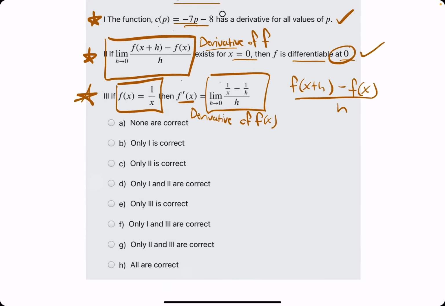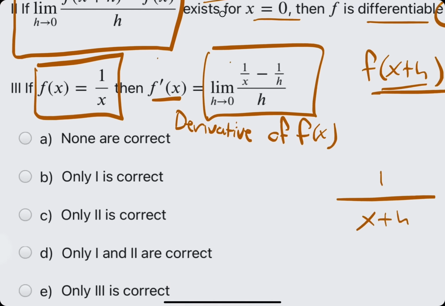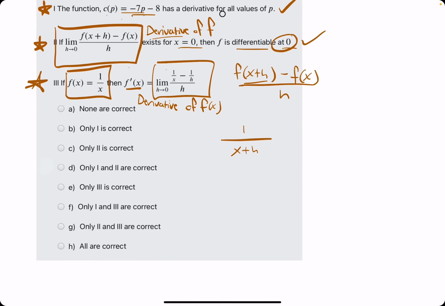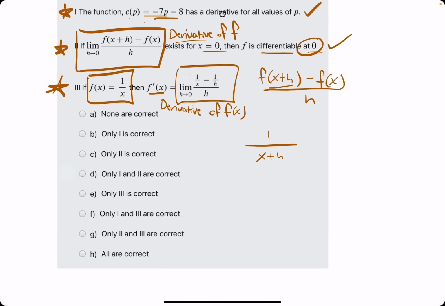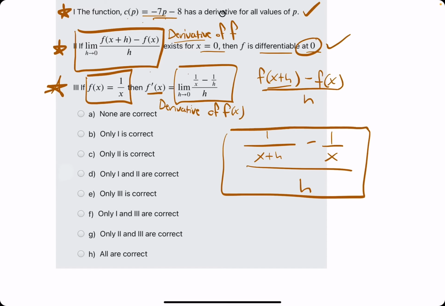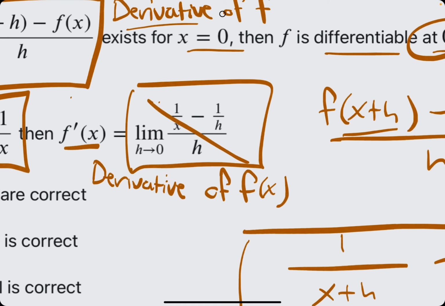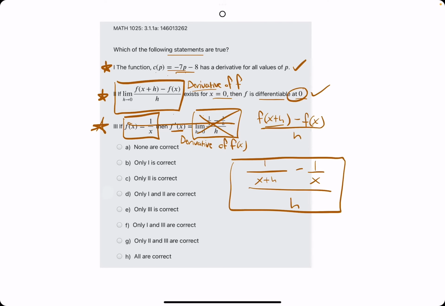Let's do it from scratch. f of x plus h means we plug in x plus h where we see x in this function. So it's 1 over x plus h, and then we subtract f of x, which is 1 over x. And then we'd have all of that over h. So this is what we should find here. But that does not look the same. So number 3 appears to be false.